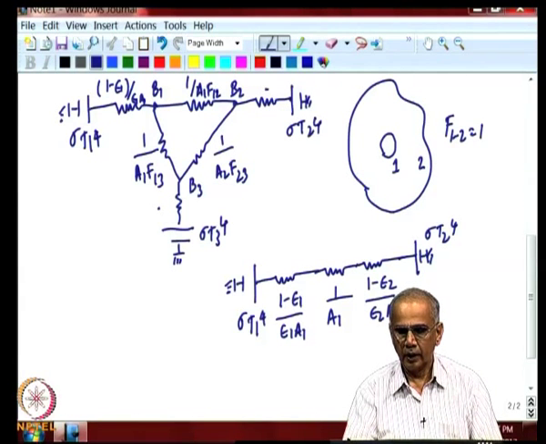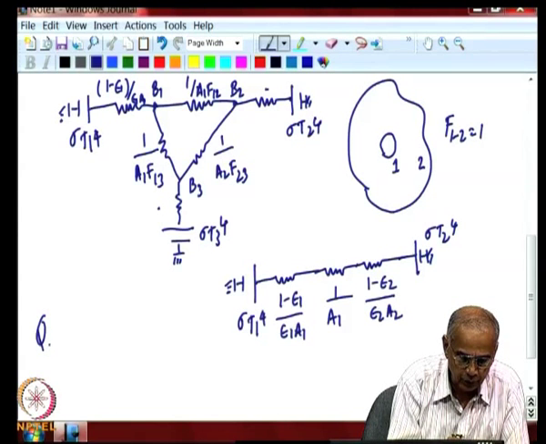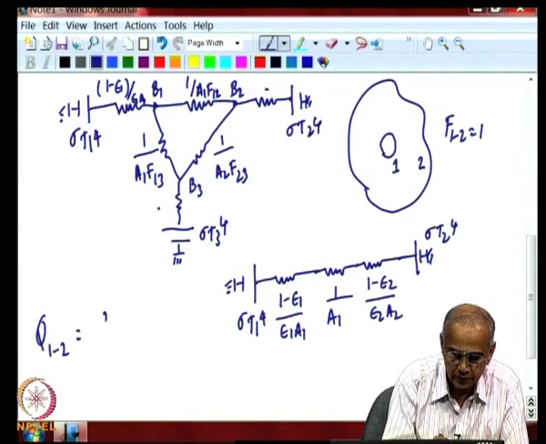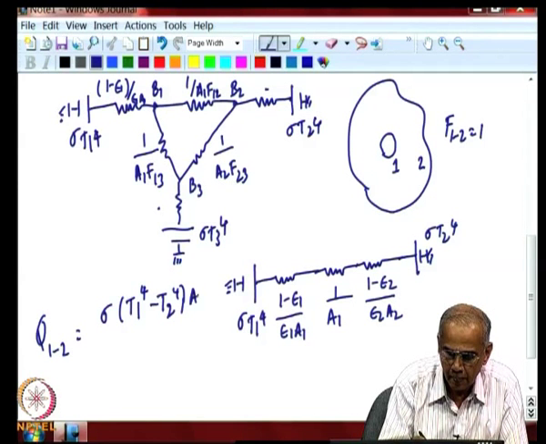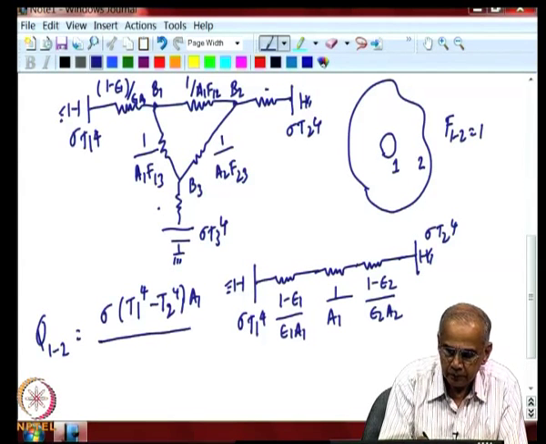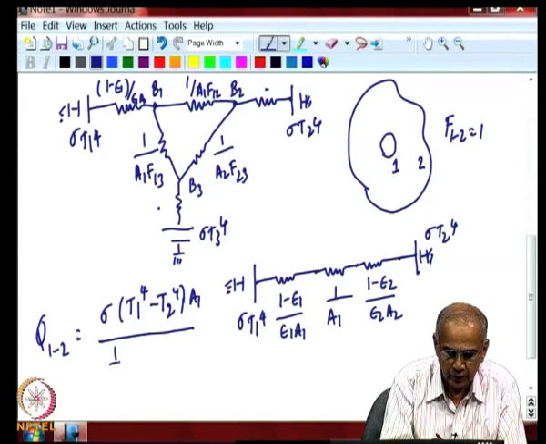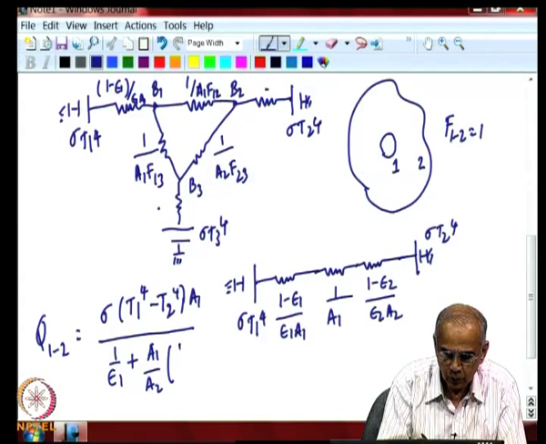Okay. And if you want to simplify this, you can write this energy transfer from 1 to 2 as sigma (T1 to the power of 4 minus T2 to the power of 4) into A1, divided by 1 by epsilon 1 plus A1 by A2 into (1 by epsilon 2 minus 1).